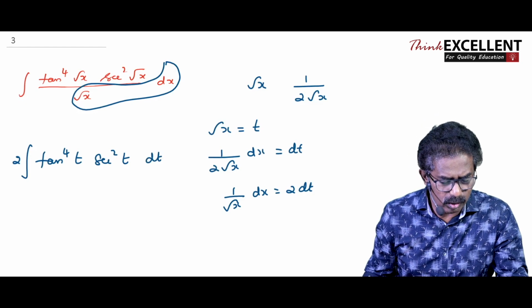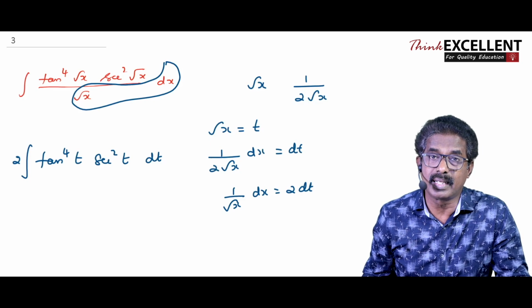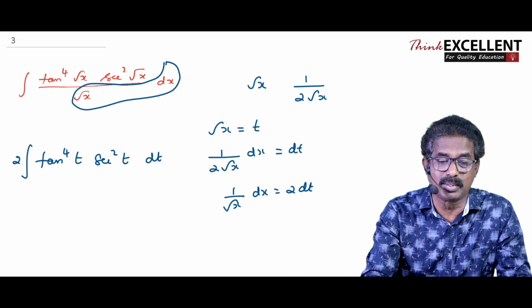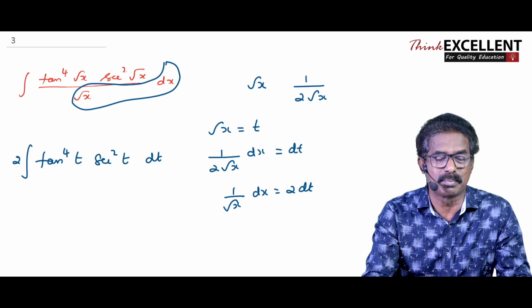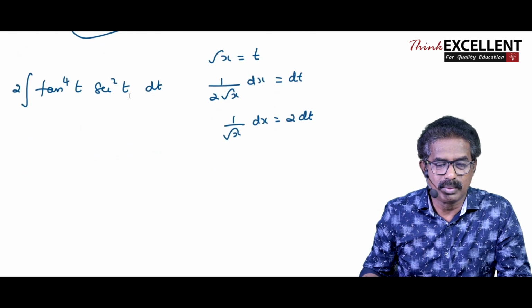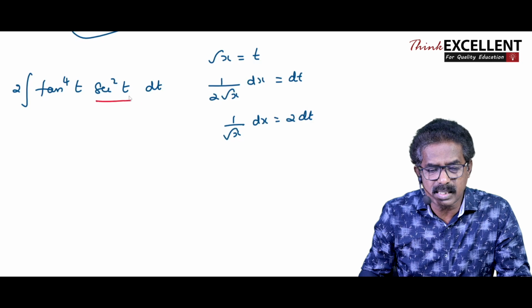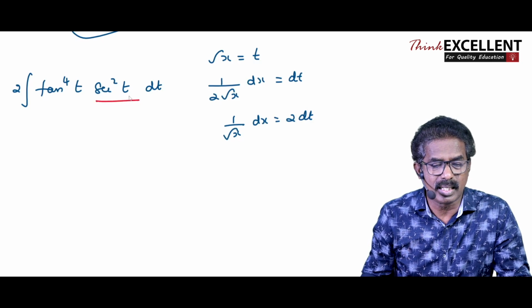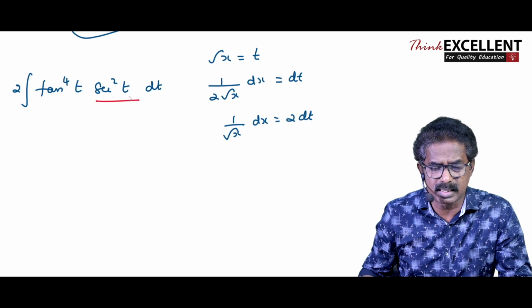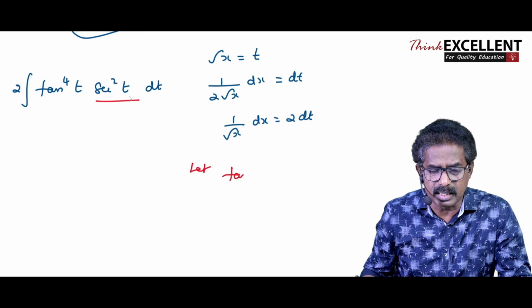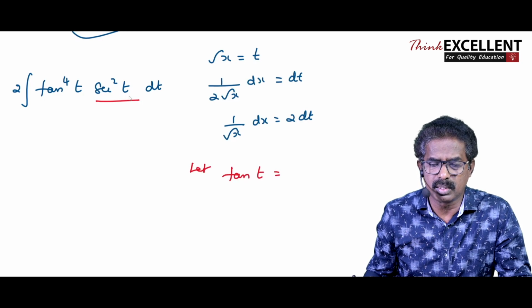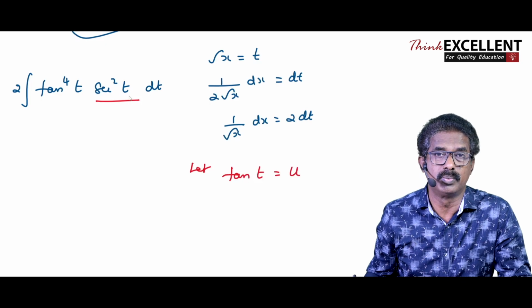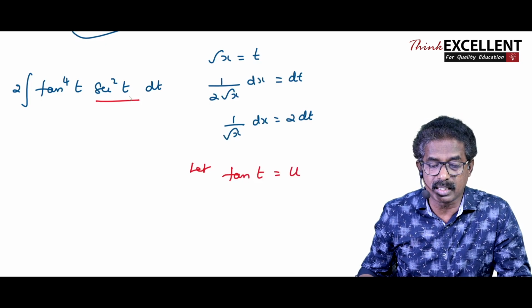But here also you cannot integrate directly. One more substitution you have to give here. See, 2 times we are giving substitution here, right? Here, secant square is the derivative of what? Tan. So a substitution for tan. Let tan t equal to u, a letter we haven't used so far. Differentiate: the derivative of tan is secant square.